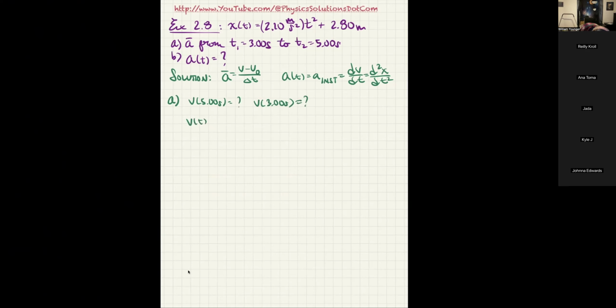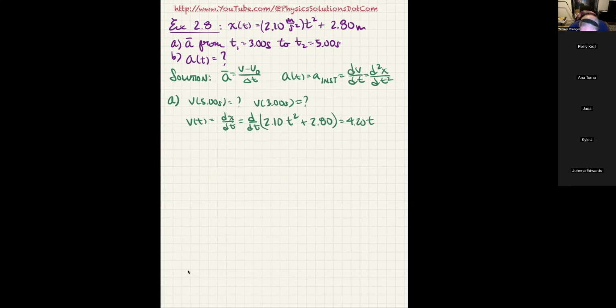v of t is equal to dx dt, which equals d by dt of 2.10 t squared. Notice I'm dropping the units right now for ease. Take the derivative of that with respect to time, I get 4.20, with the same units, meters per second, times t.